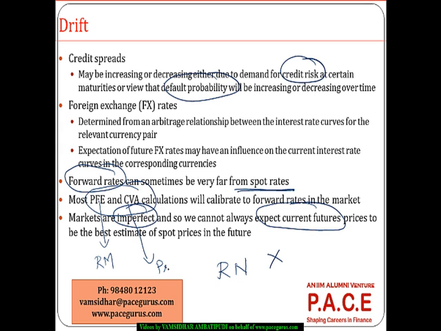CVA calculation is the pricing calculation. They are all depending on the forward rates. They calibrate the forward rates itself to finally compute the drift. So the drift is generally calculated from a risk neutral approach, whereas it's not done from a real world probability approach.